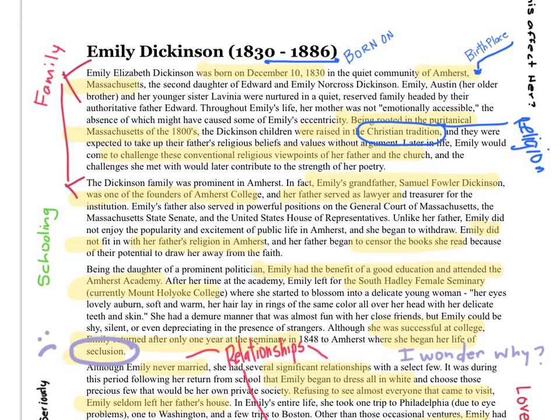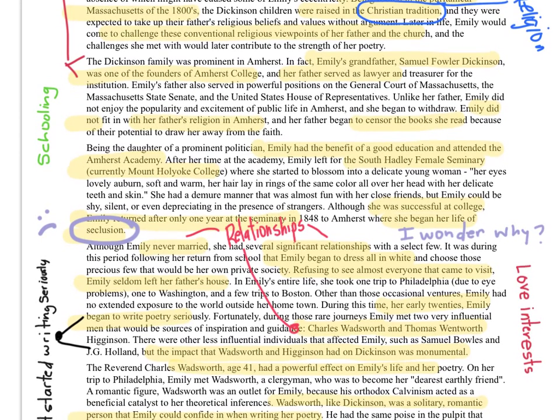Then I made some more notes over here with highlighting in these areas about her grandfather. This section is about her schooling, that she was kind of a secluded person, and then it went into her relationships, her love interests.